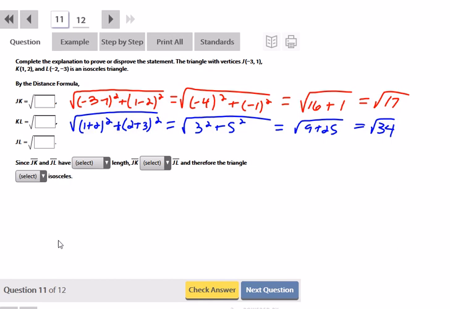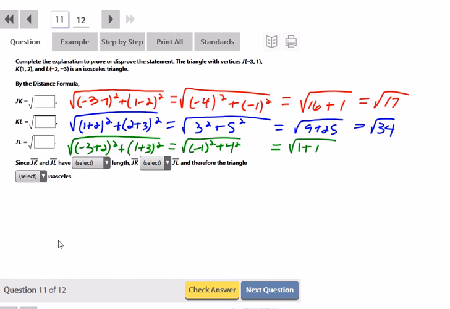And then finally JL, which is negative 3 plus 2 squared plus 1 plus 3 squared, is equal to plus 4 squared, which is square root of 1 plus 16, which is square root of 17.